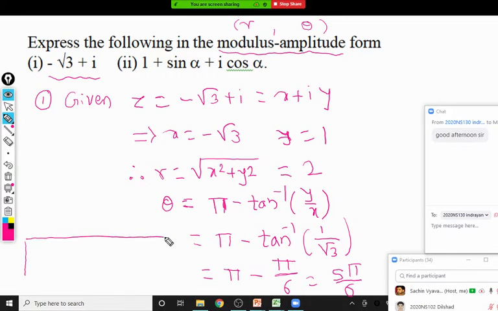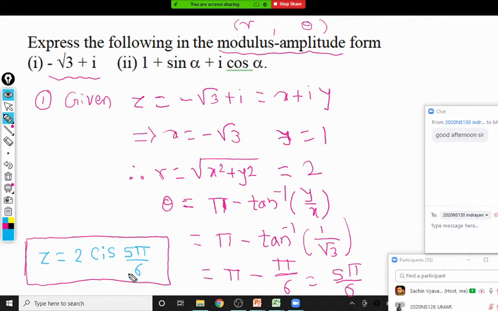Thus z equals, just a minute, z equals 2 times cis 5 pi by 6.